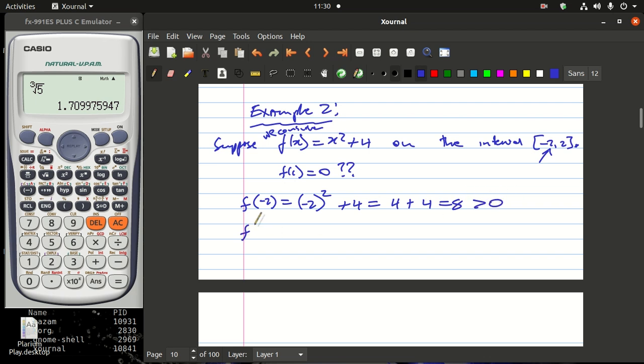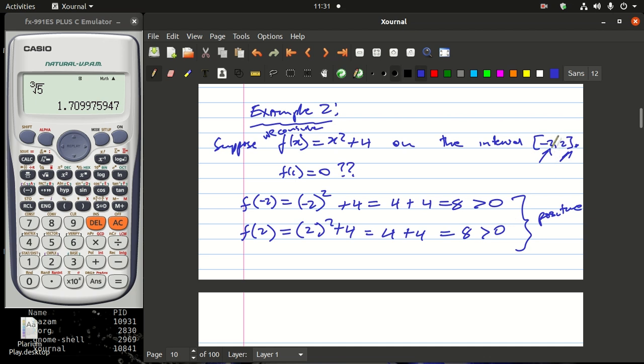And if I take f of 2 and plug it in, I get 2 squared plus 4, which is 4 plus 4, also 8, greater than 0. So f of this value is bigger than 0 and f of this value is also positive.